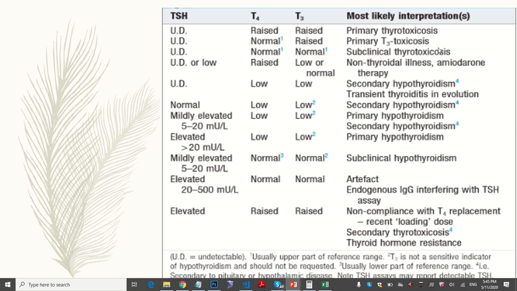With subclinical thyrotoxicosis, there are normal T3, T4 with undetectable TSH. In non-thyroidal illness or amiodarone therapy, you will observe low or normal T3, raised T4 with low or undetectable TSH. In secondary hypothyroidism, there are low T3, T4 and undetectable TSH.